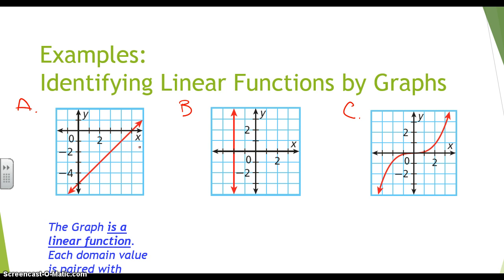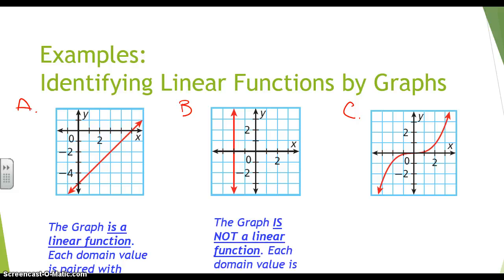Notice the next one. It is a straight line, but it's a vertical straight line. So actually this graph is not going to be considered a linear function because each domain value is not paired with exactly one range value, and the graph forms a line right here.